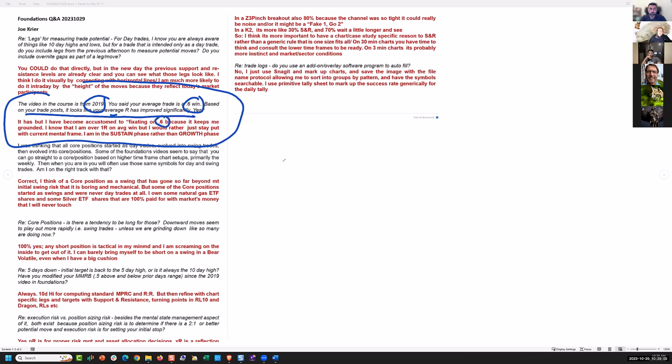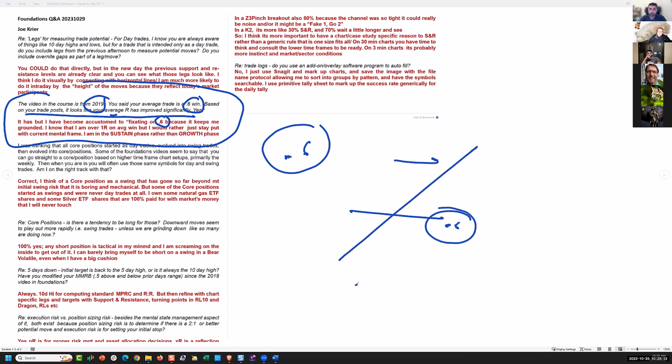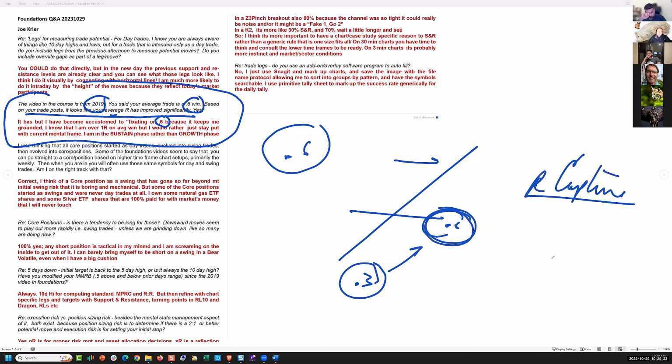But I fixate and I act on it as if I'm at 0.6, no matter where I am on the actual curve, as long as my average R capture, measured in terms of execution risk, is better than 2 to 1. I'm good to go, and anything better than that is icing on the cake.